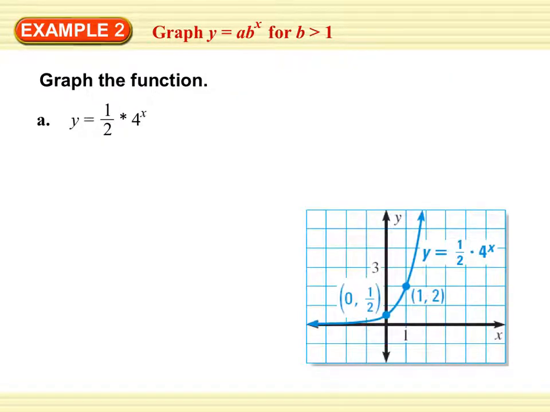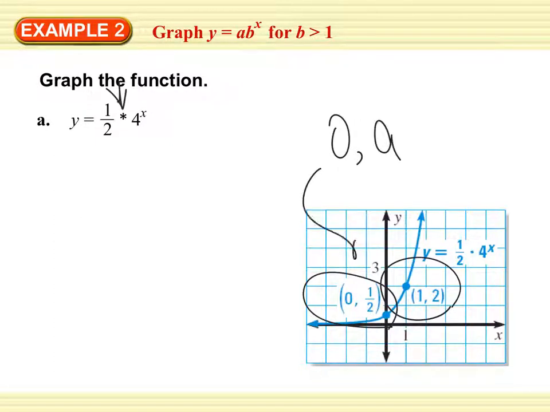Let's try one. This right here is multiplication. I couldn't get my multiplication dot to work really well, so I had to use a star. I hope that's all right. So with these, we are actually going to plot just our points. Okay, we talked about the first one being (0, a), right? And the second one being (1, b).